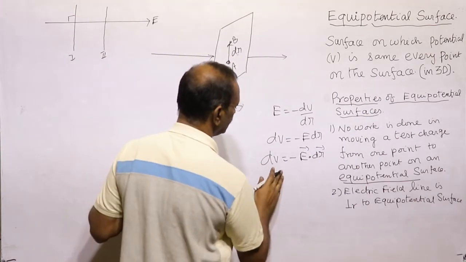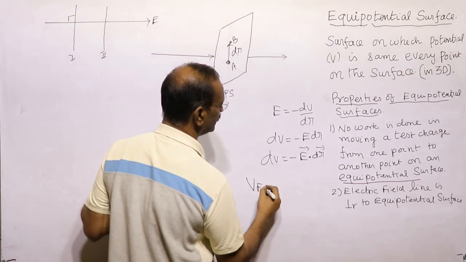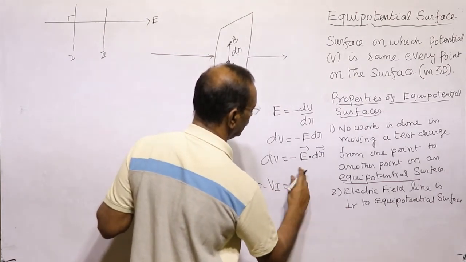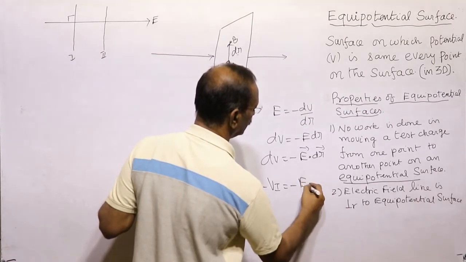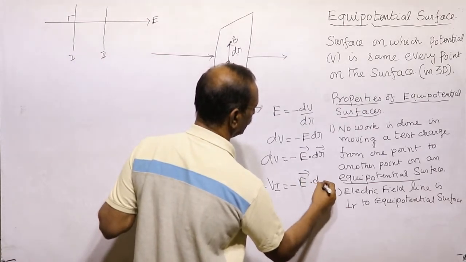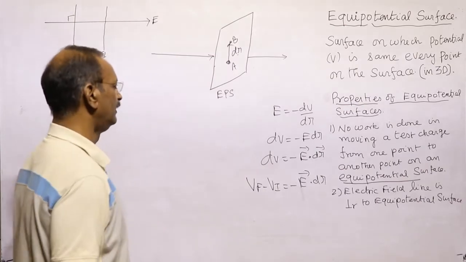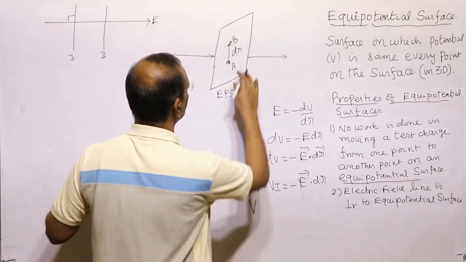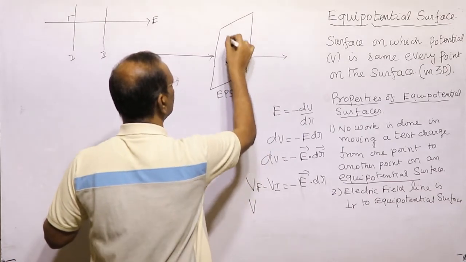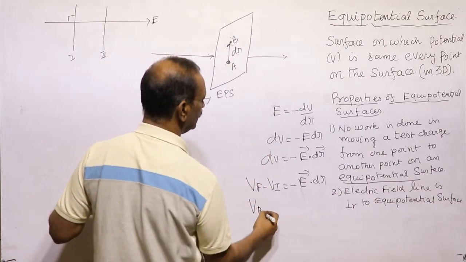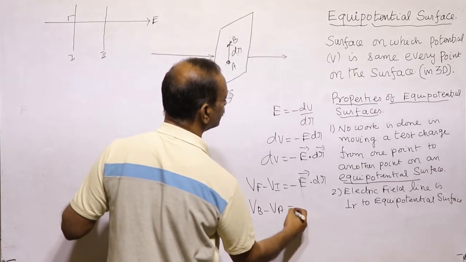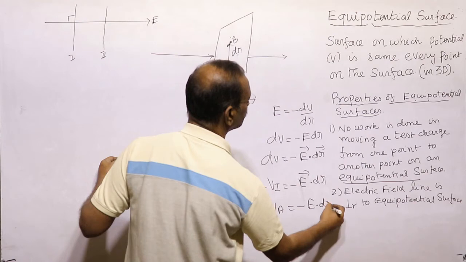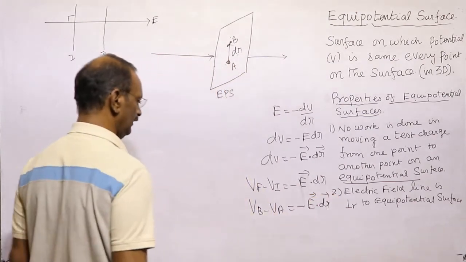We can say change in potential, final potential minus initial potential, is equal to minus the integral of E dot dr. Potential at B minus potential at A is equal to minus the integral of E dot dr. This we have already seen.